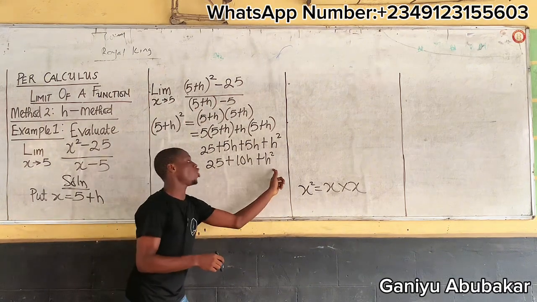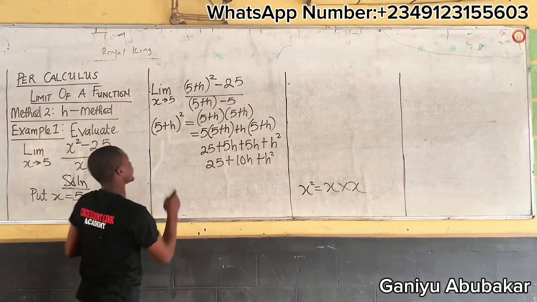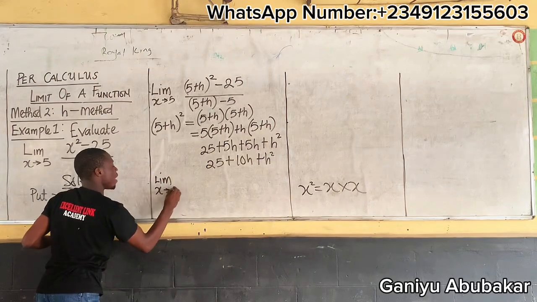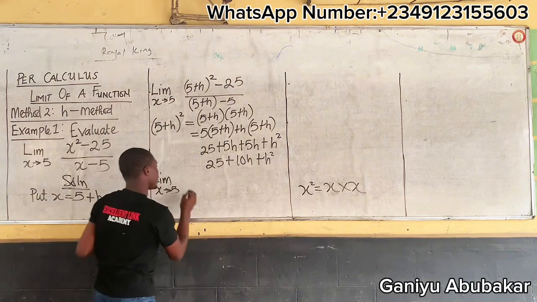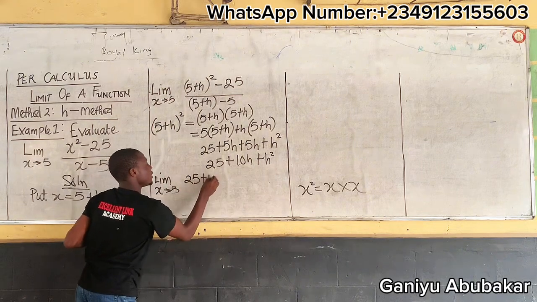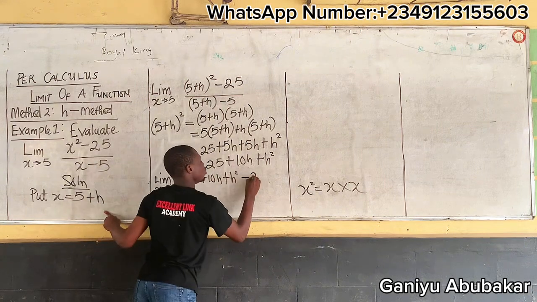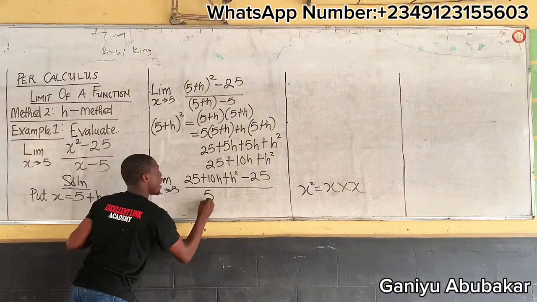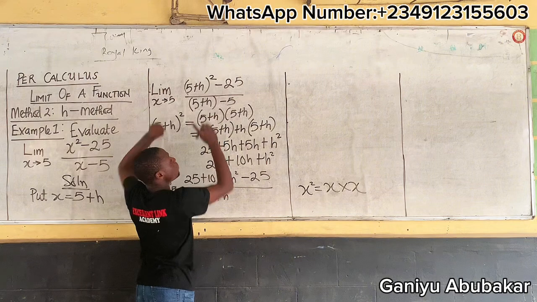So put this expression into this part here. So what do we get? I have the limit as x tends to 5, and everything here is this expression. So I have 25 plus 10h plus h squared. Next up, minus 25, all over the numerator 5 plus h. In this case here, I will remove the bracket there.